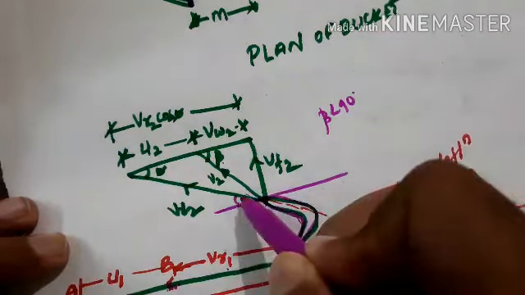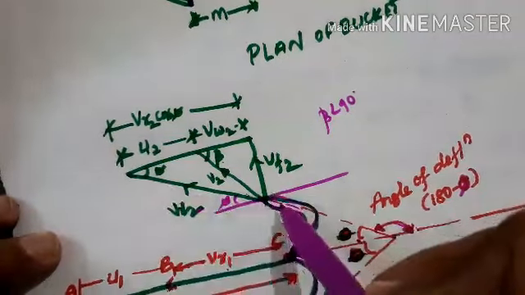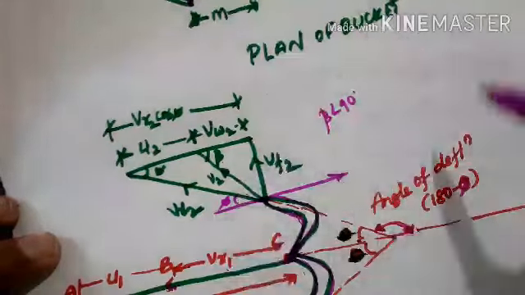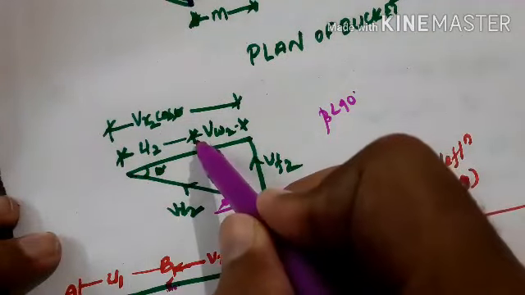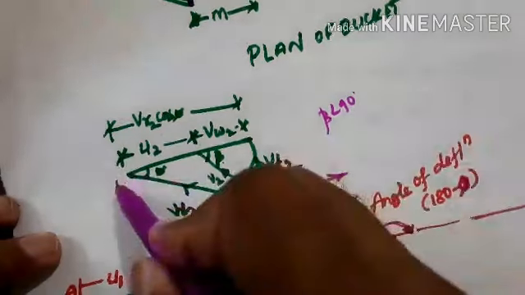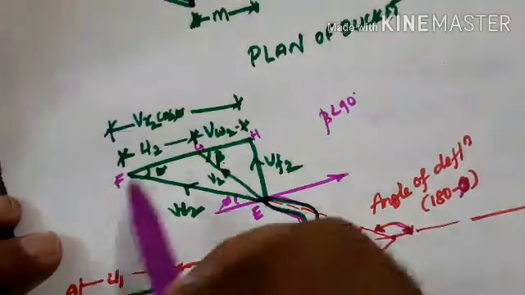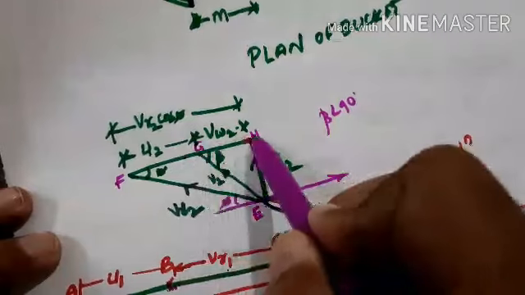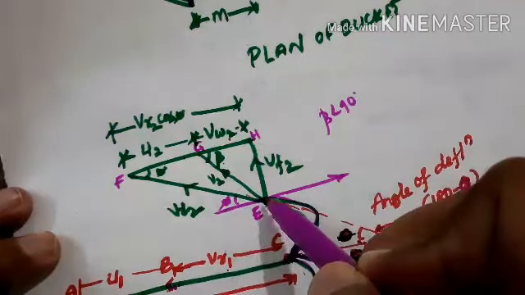This is phi and this is also phi. This angle equal to this angle, and this vane also moving in this direction. It is rotating. Then this represents the U2. You can call it E, F, G and H. FG represents the velocity of the vane and GH represents the velocity of whirl at outlet tip.